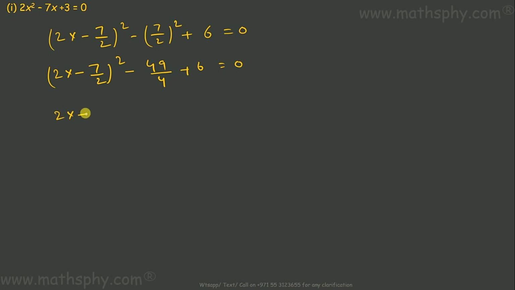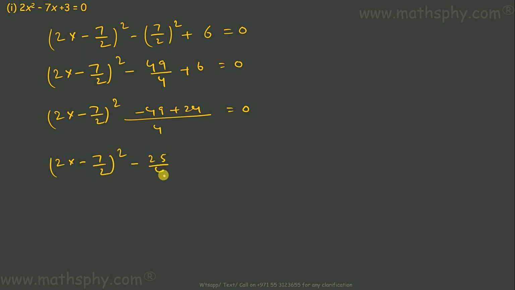So this will be (2x minus 7 over 2) whole square minus 49 plus 24 equals 0. So this will be (2x minus 7 over 2) whole square minus 25 over 4 equals 0.